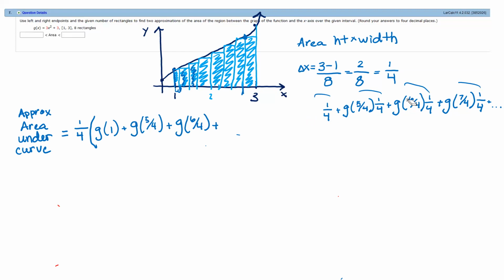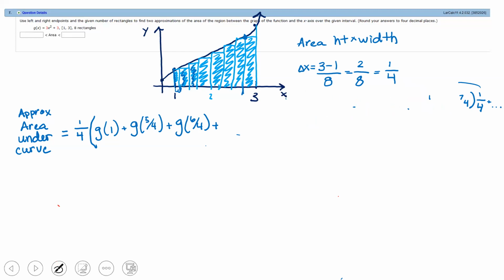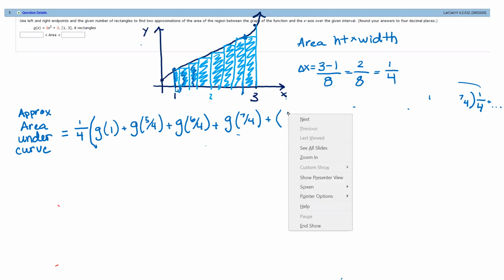I'm going to erase this just to give myself some extra space because I'm going to run into that space. Plus G of 7/4 plus G of 8/4. Of course, that puts us at 2.